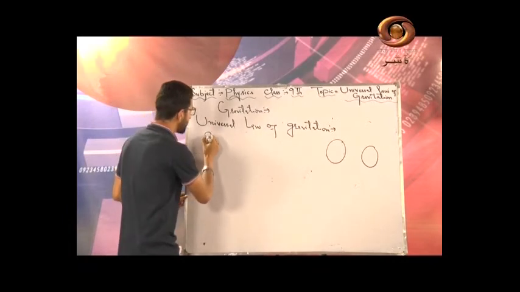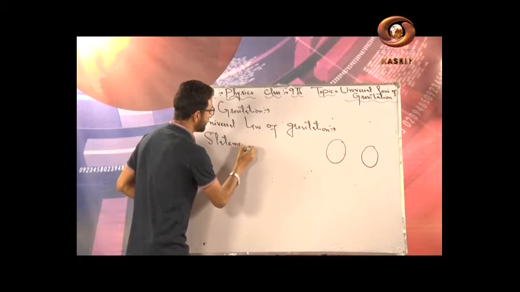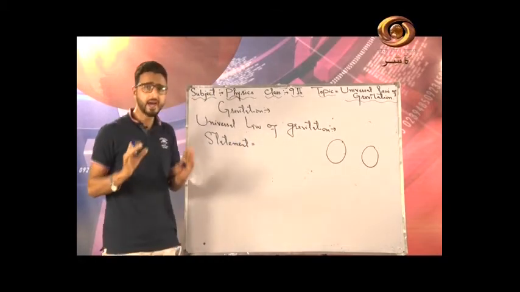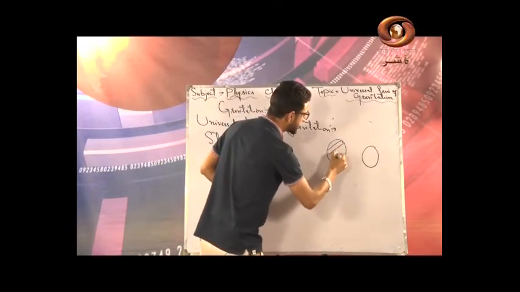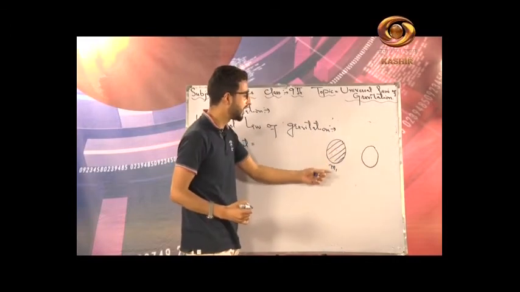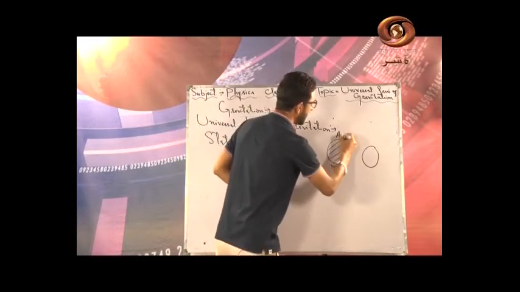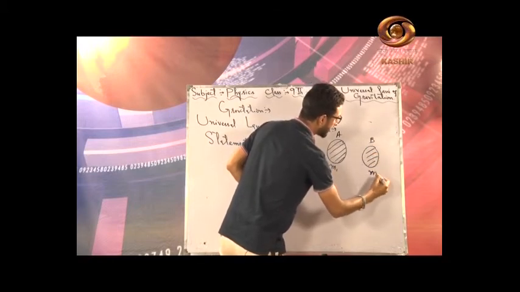And I will explain the statement of the universal law of gravitation, what its statement is. If I have two bodies of masses m1, suppose m1 is the mass of body A and m2 is the mass of body B. You are getting my point or not?